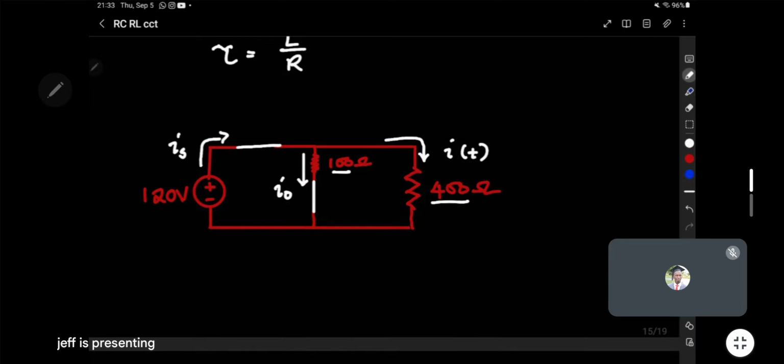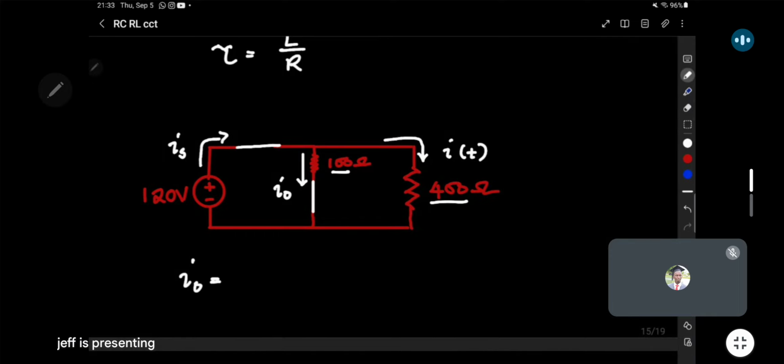So by current division, I0 will be equal to the other resistor over the sum of the resistors in parallel, then multiplying the voltage. Sorry, I'm not supposed to use current division because it's a voltage that is supposed to be shared. So instead, I'll first get the current they'll have to share.